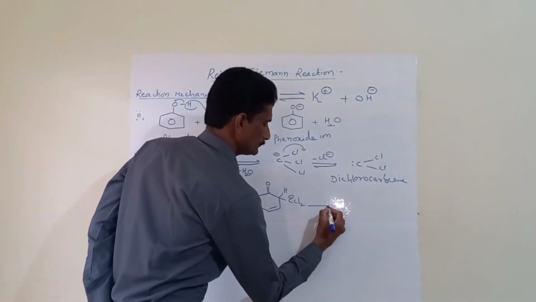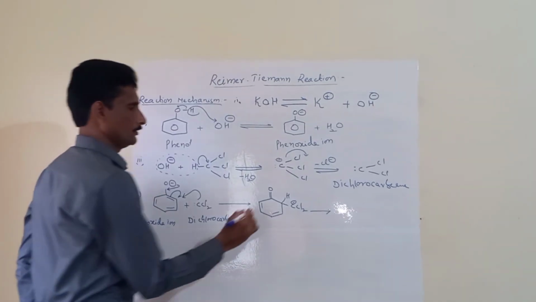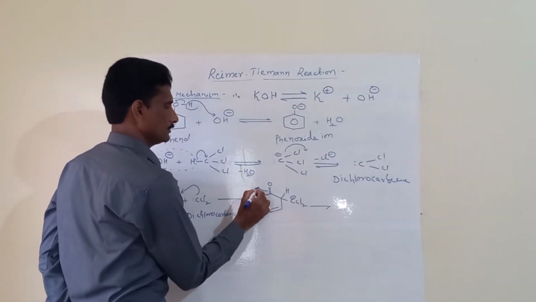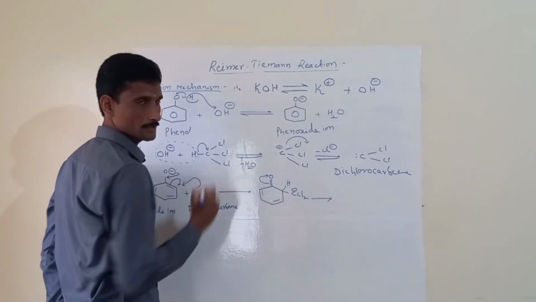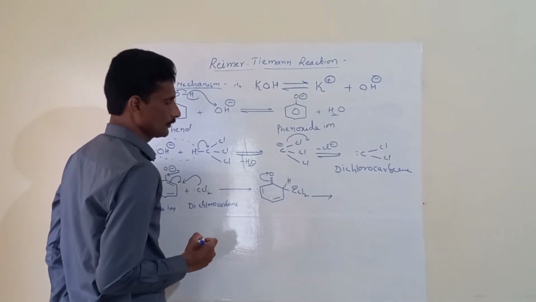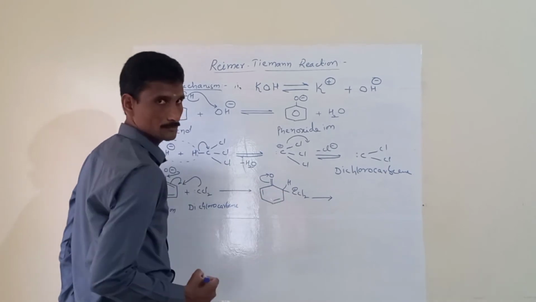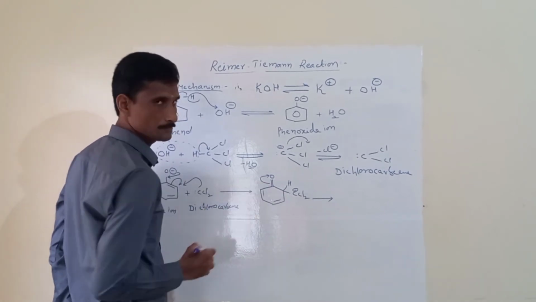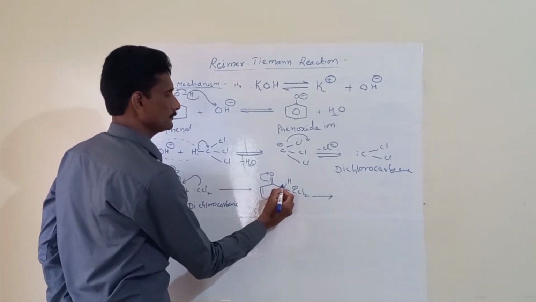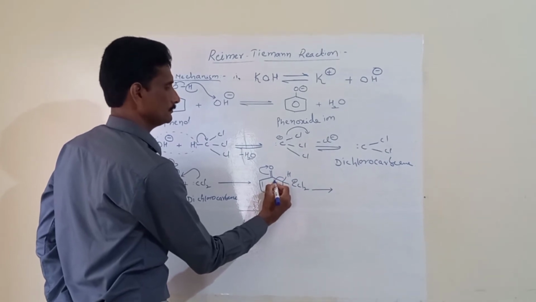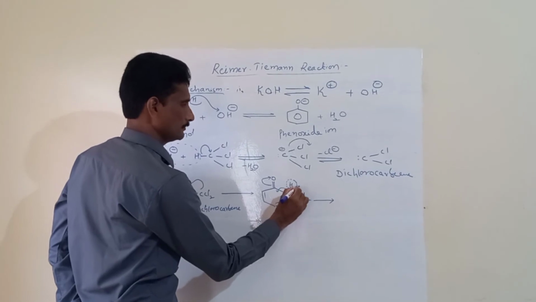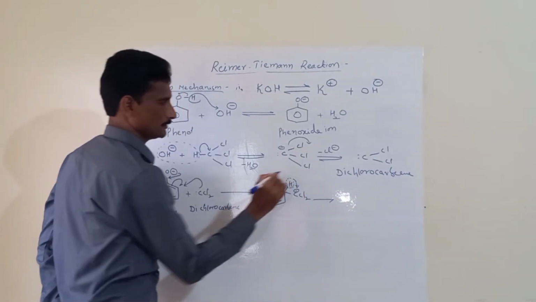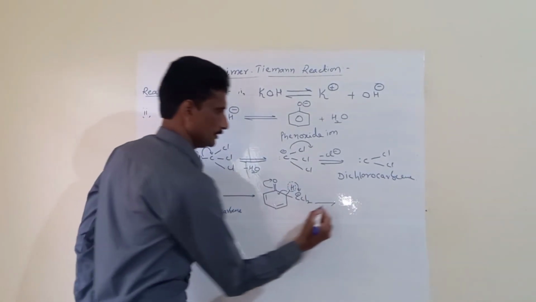Next step, this pi bond shifts towards oxygen. Oxygen gets a negative charge. Here a positive charge is formed. To neutralize this positive charge, the CH bonded electrons shift this side and H plus comes this side.